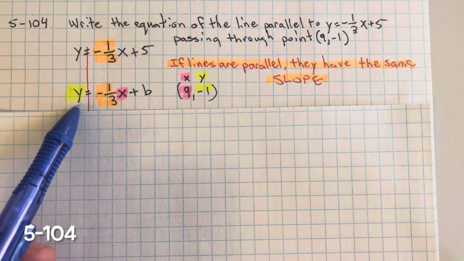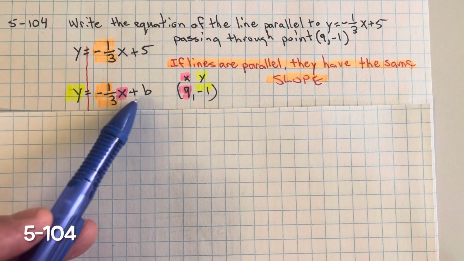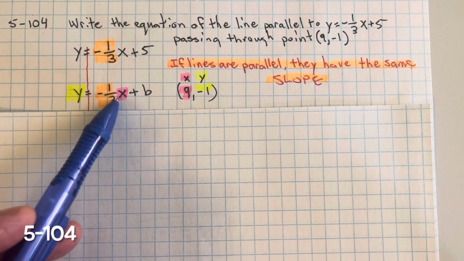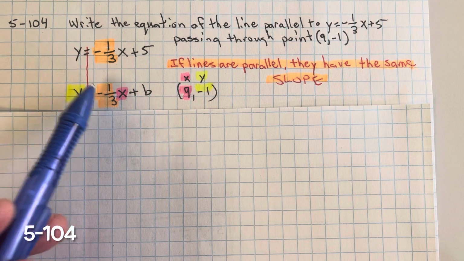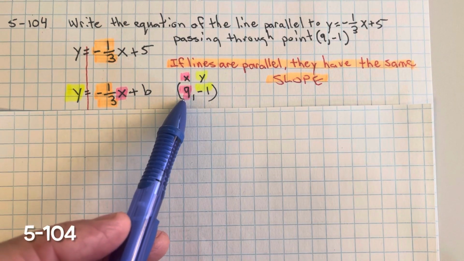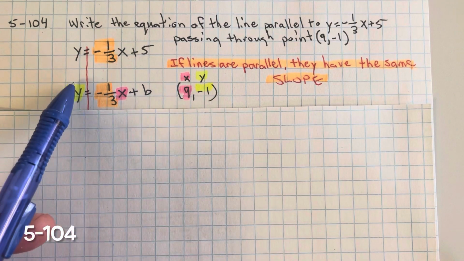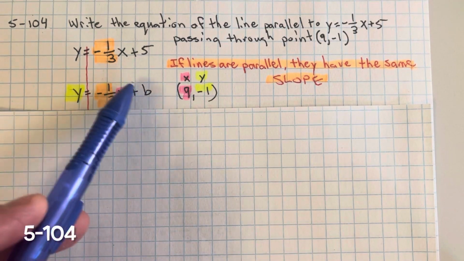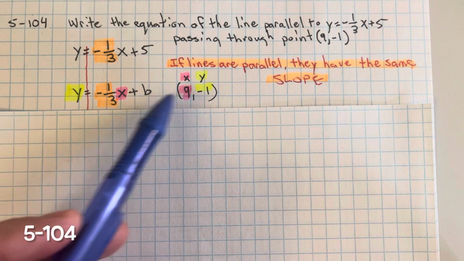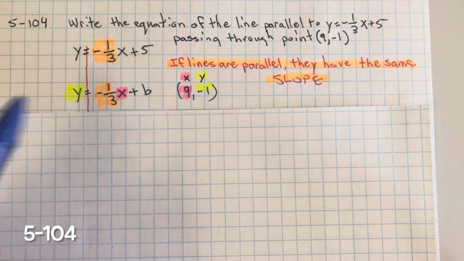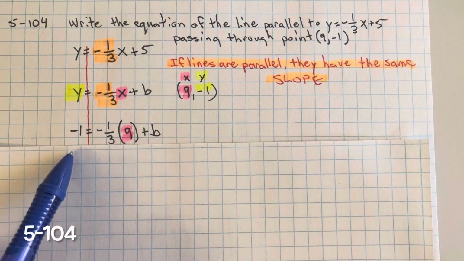So this is y equals -1/3 x plus 5. Well, in slope-intercept form, y equals mx plus b. We keep the slope the same because they're parallel, but the point that it goes through, this point (9, -1), is on this line. So if x is 9 and y is -1, we plug those values in.